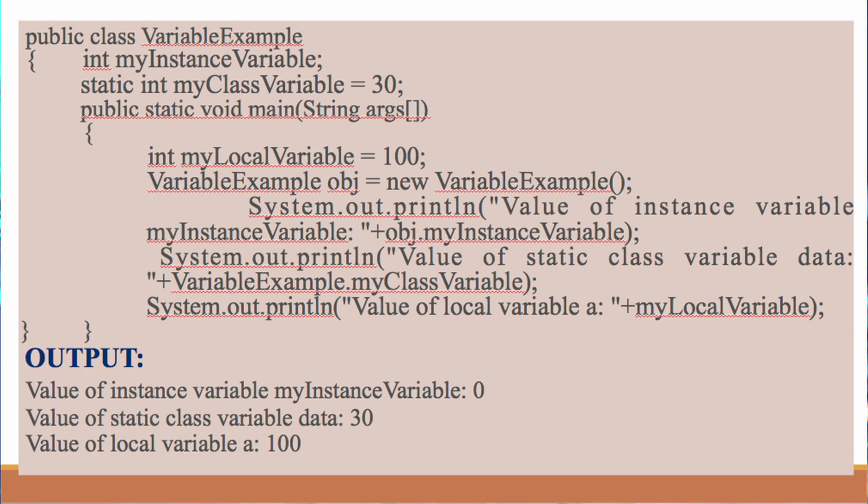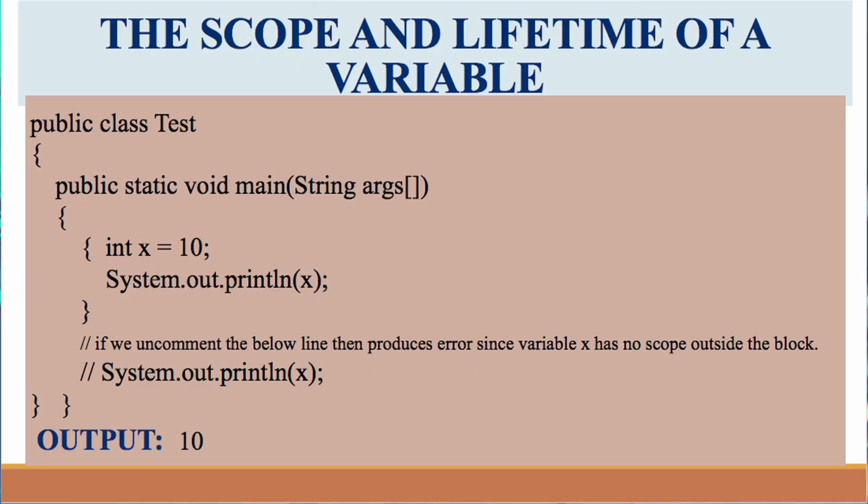This is one more example, showing the scope and lifetime of a variable. Inside main, integer x equals 10, so the value 10 is assigned to x, and with System.out.println we print the value of x, which is 10. But outside this, we have given the same System.out.println line again outside the function.